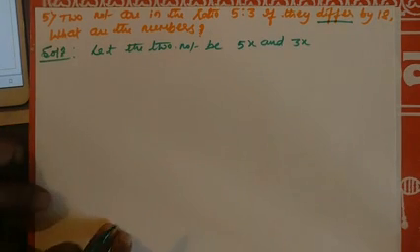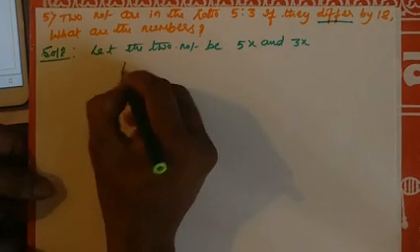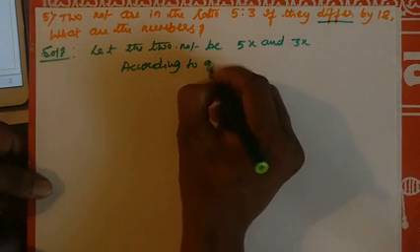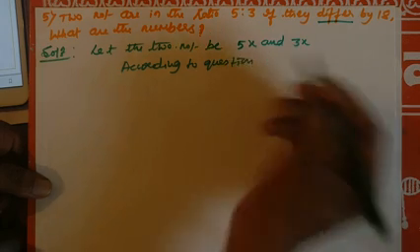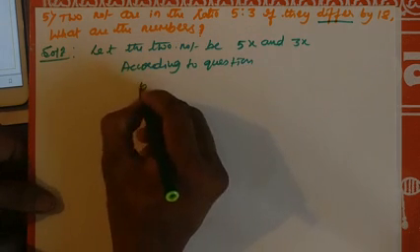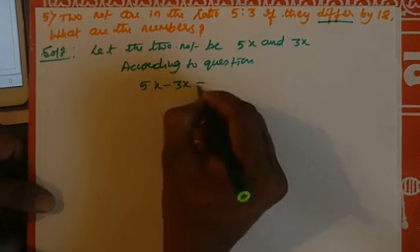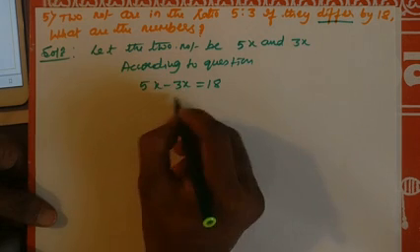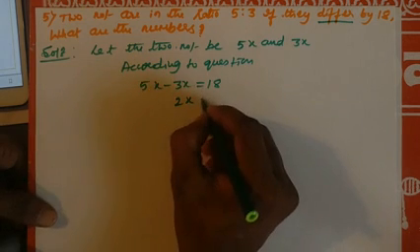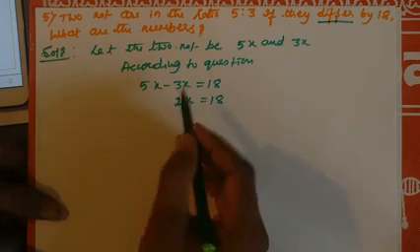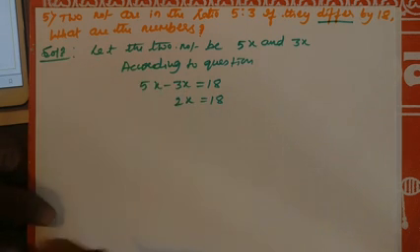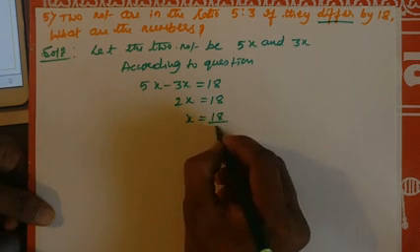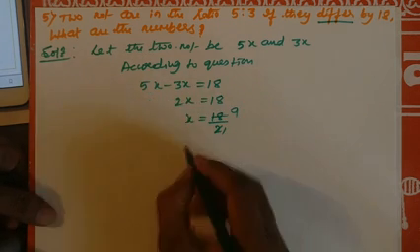According to the question, 5x minus 3x is equal to 18. 5x minus 3x means 2x. 2x is equal to 18. We have to subtract 3x from 5x. Okay. X is equal to 18 divided by 2. 2 ones are 2, 2 nines are 18.